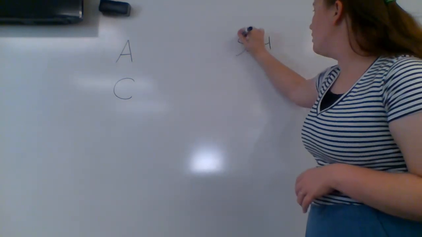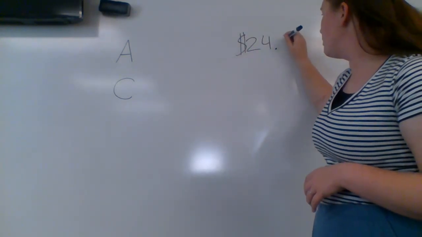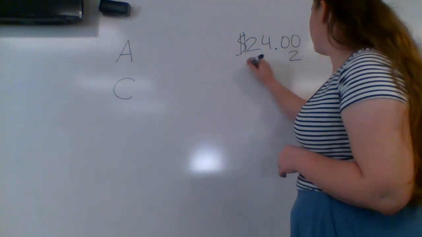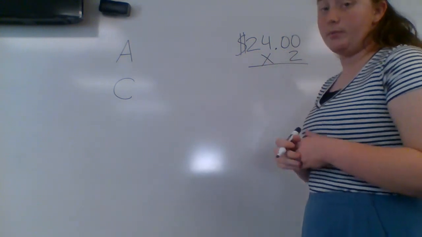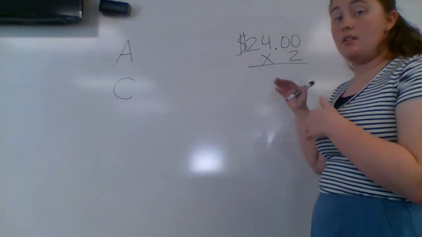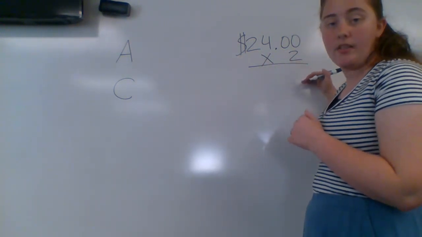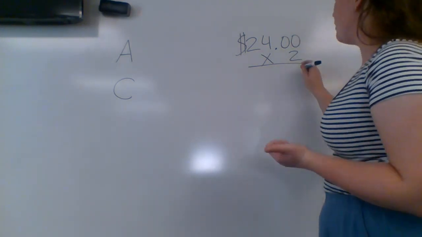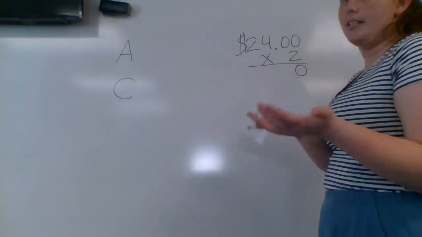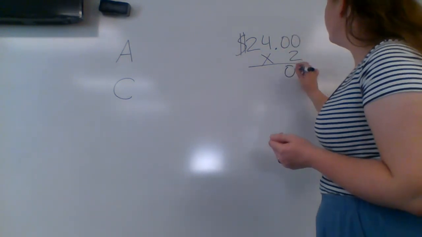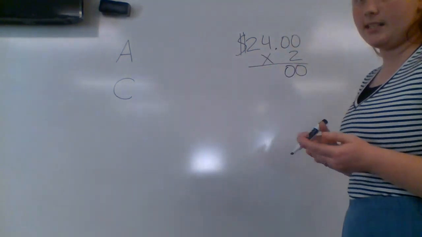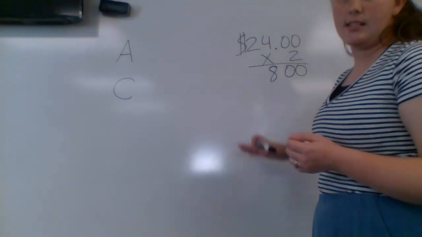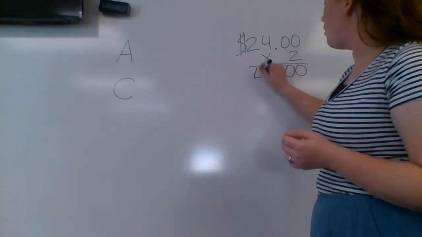$24. And there were 2 adults. So we'll multiply so we can figure out how much they spent on the adult tickets. 2 times 0 is 0. 2 times 0 is 0. 2 times 4 is, right, 8. 2 times 2 is, good, 4.